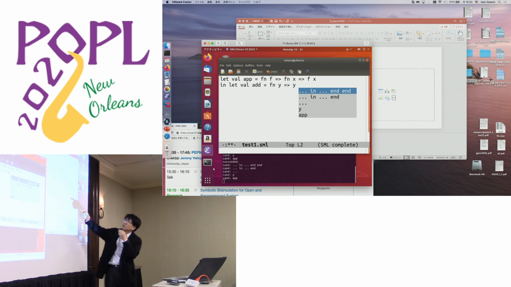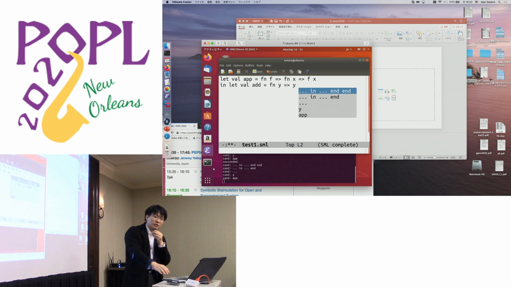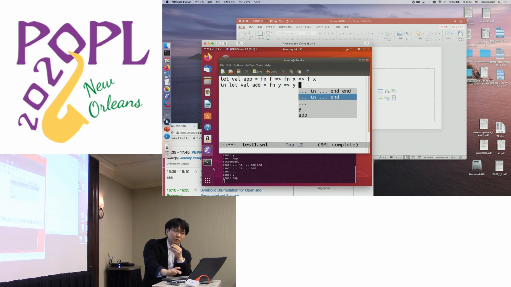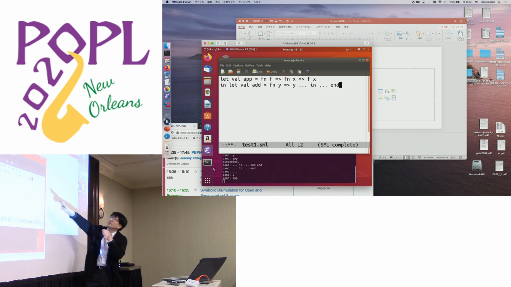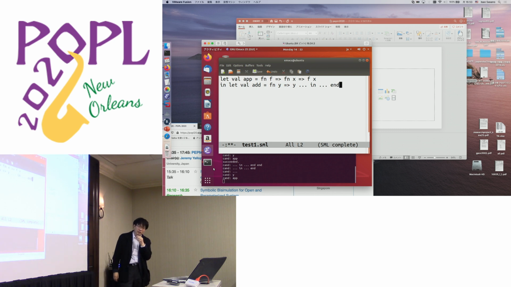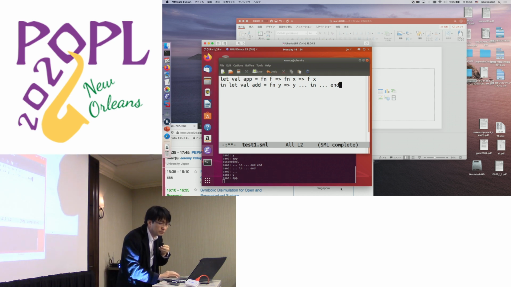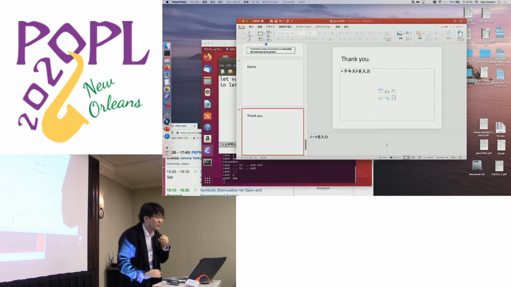Then there are 1, 2, 3, 4, 5 candidates popped up. Then I can select one of them like this. Let's select the second one. Then it is completed, and 3 dots. This one corresponds to the M construct in the language syntax. Okay, that's all. Thank you.